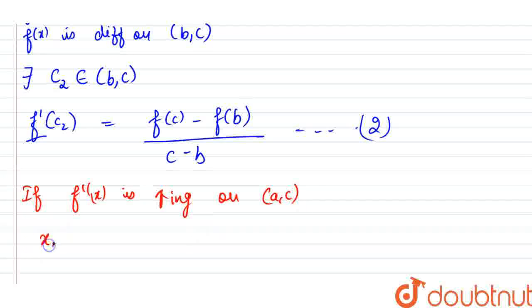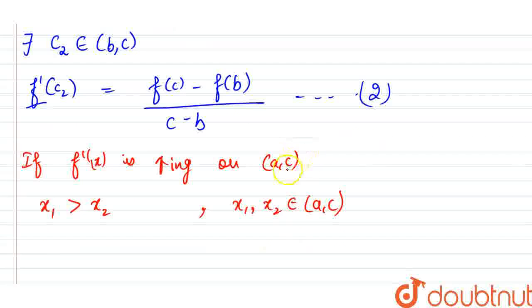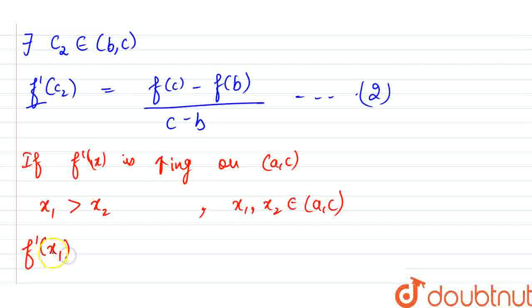That means if x1 is greater than x2, where x1 and x2 lie in the open interval a comma c, so if we take two points from the domain and one point is greater than the other, and the function is increasing, then the value of the function at the x1 point will be greater than the value of the function at the x2 point. So this is what a strictly increasing function means algebraically.